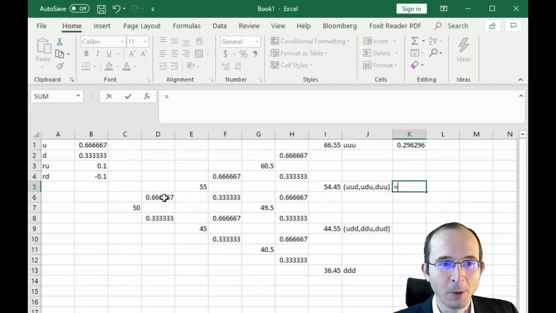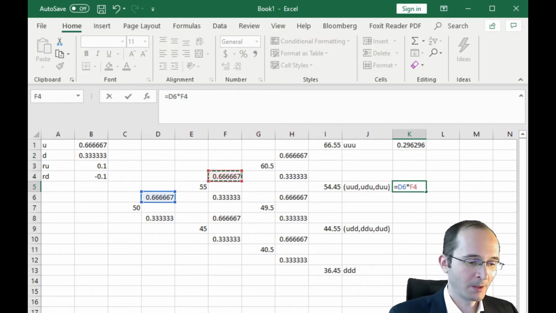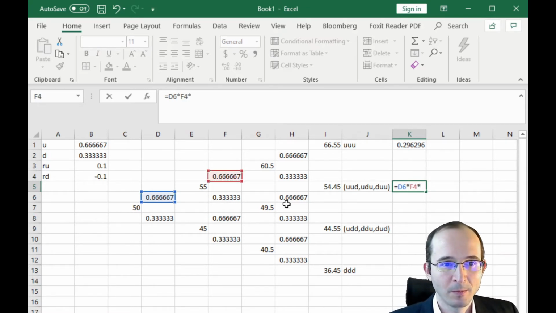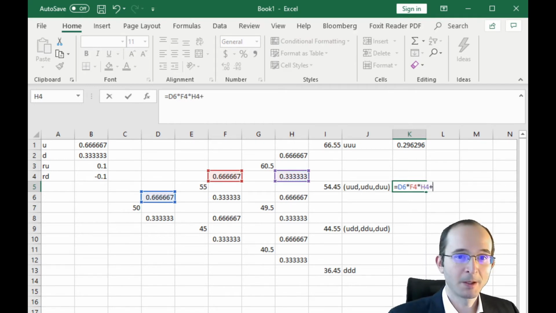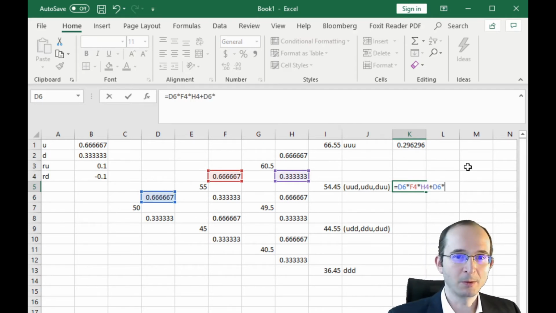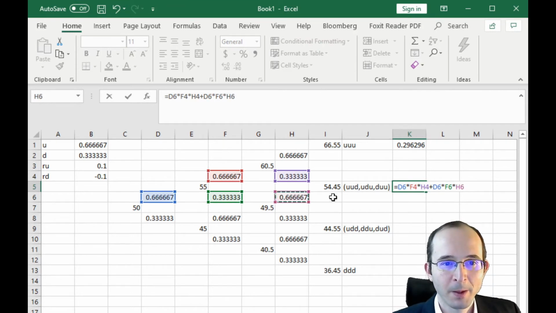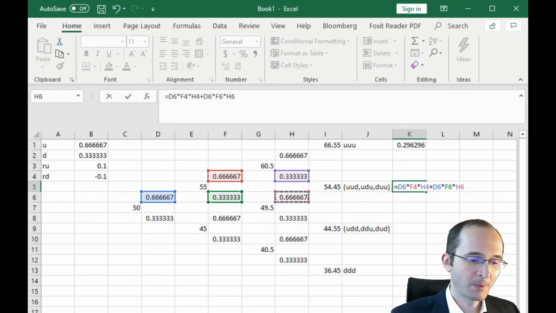So you go up, and then up again, and then down. That would be the first. And you go up, and then you go down, and then you go up. That would be the second.